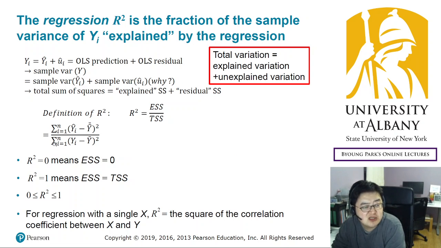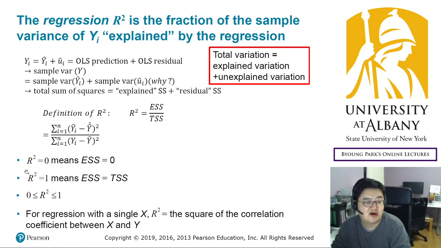In the definition, the denominator is the total variation in Y, the total variation in the test score, and the numerator is the variation in your predictions. As I said, if this equals 1, then there are no residuals. And if this is 0, then everything is residual.